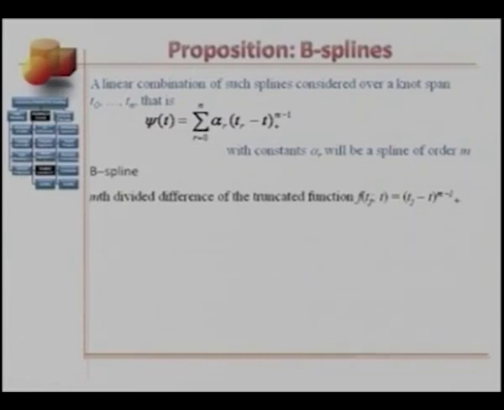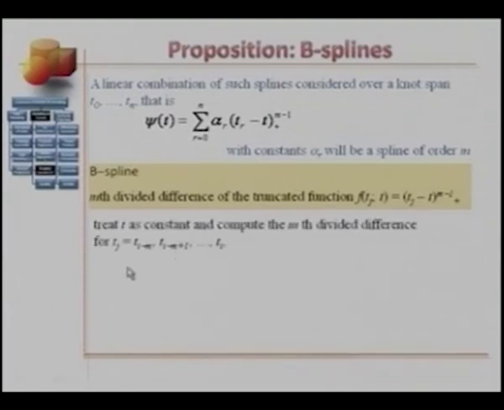Going back and repeating myself, a b-spline basis function can be seen as the mth divided difference of the truncated function f(s : t), which is equal to (s minus t) truncated raised to m minus 1. It would be a little difficult for you to believe this, but I'll try to show you how this is true.